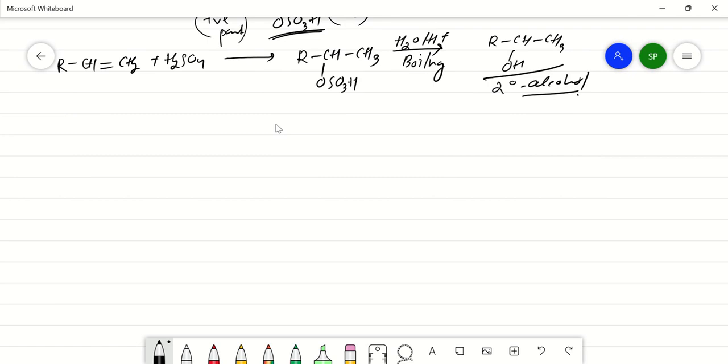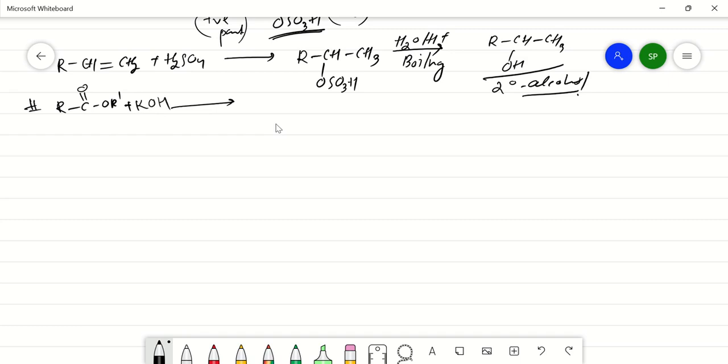Okay. If we see the general reaction, RCOOR' plus H2O in the presence of a weak base, like KOH.